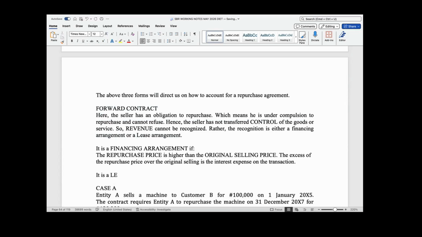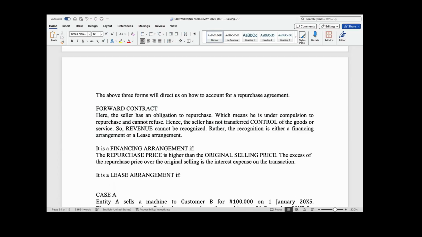But it is a lease arrangement if the repurchase price is lower than the original selling price. So if the repurchase price is lower than the original selling price, then this is a lease.